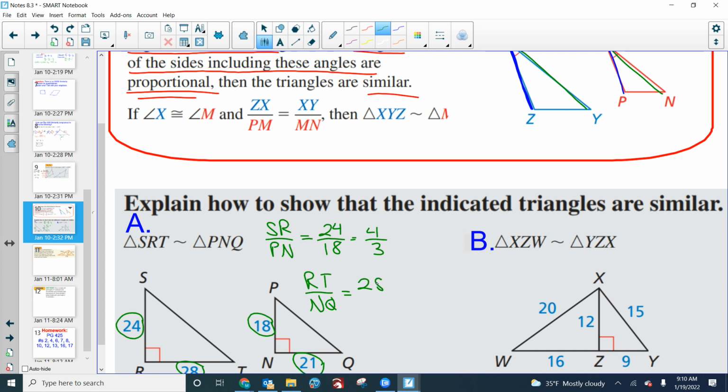That's 28 to 21. 7 goes into 28 4 times. 7 goes into 21 3 times. But that's not enough. That's just SS, right? We don't know anything about the third side, so we can't do SSS here. But look, the angles between them are 90. So these triangles are similar by SAS. Similar by SAS.